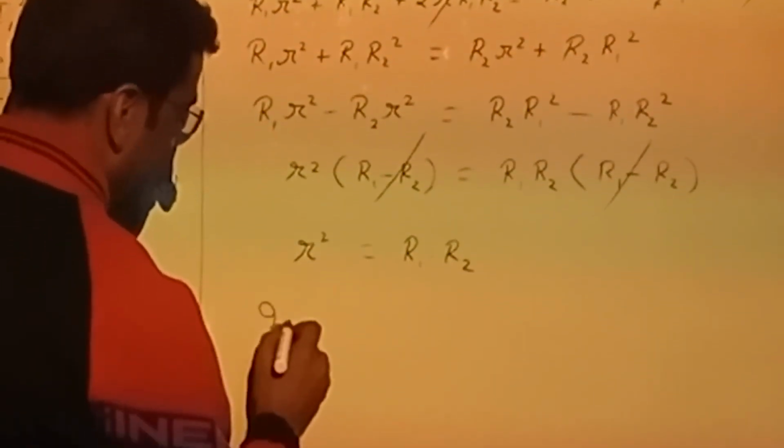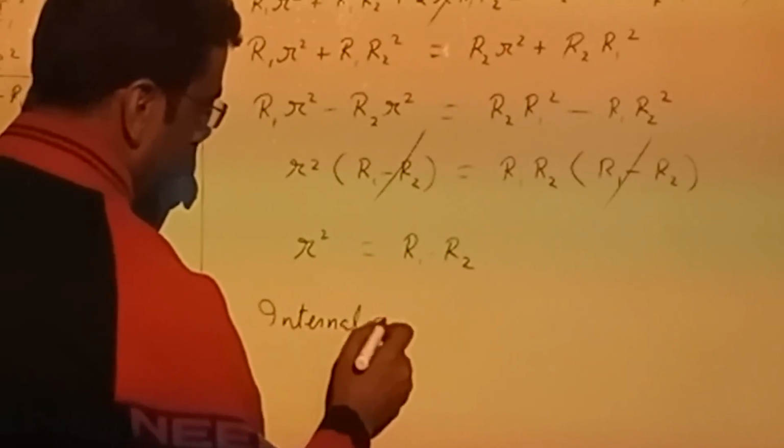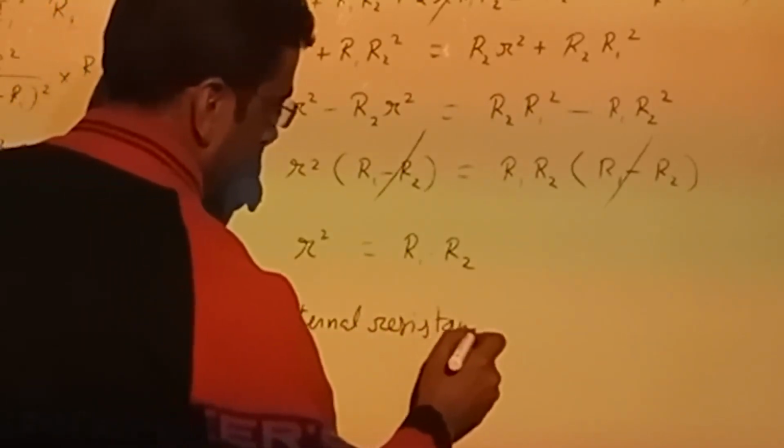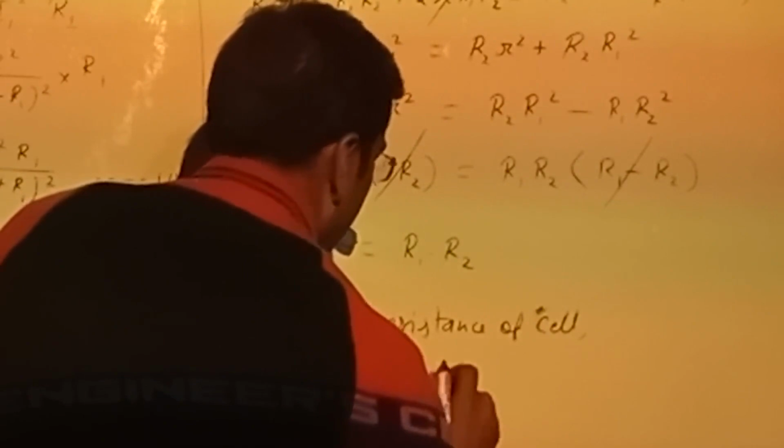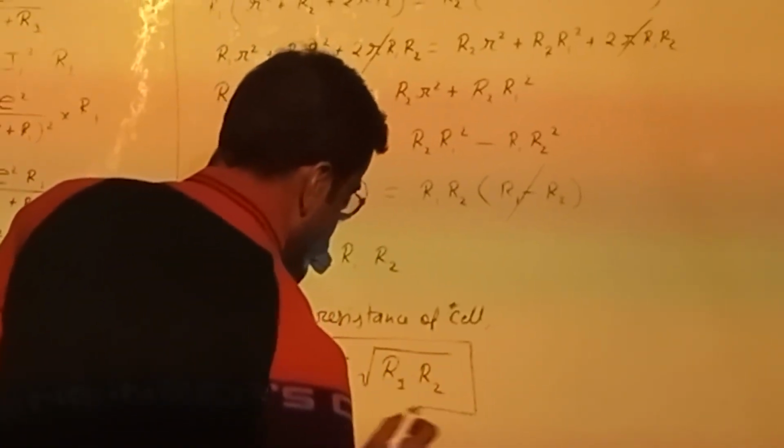So the internal resistance of the cell for the condition mentioned in the question is r equals the square root of R1 into R2.